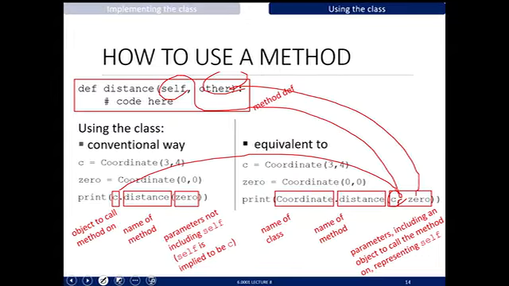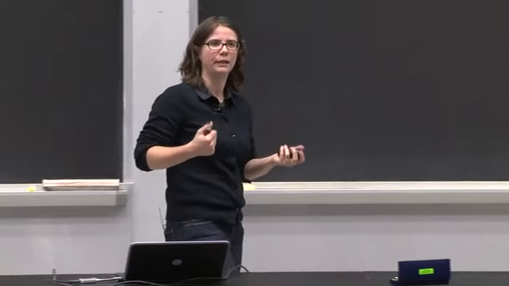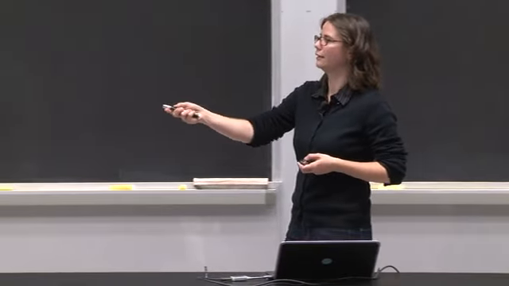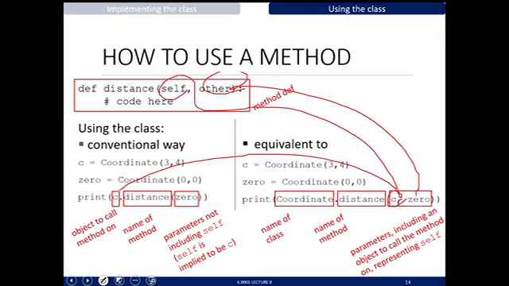And as I mentioned, if you're doing the one on the left, you can call this method on a particular object, and Python is going to look up the type of the object and essentially convert this on the left to the one on the right. And this is what you've been using so far. So when you create a list, you say L is equal to [1, 2], and then you say L.append(3) or whatever. So we've been using this notation on the left pretty much from the beginning of class.